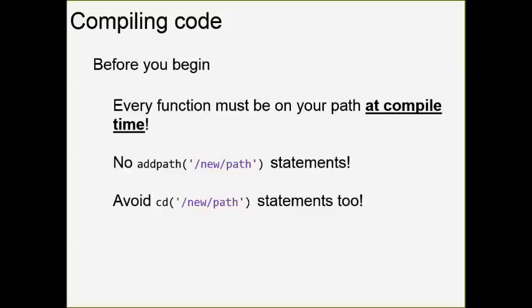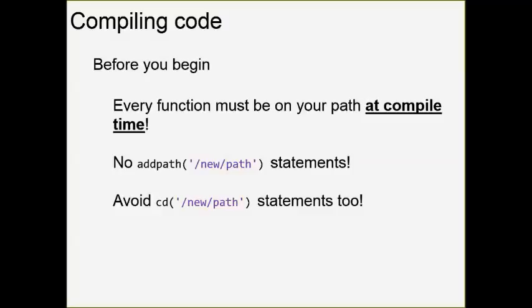So, just to clarify on that, if you had everything on the path, and the code would have run in MATLAB, then once it's compiled, it's good to go. You don't need to re-add paths before running the compiled code. It's not necessarily true because, like I said, you can change your path on the fly in code.